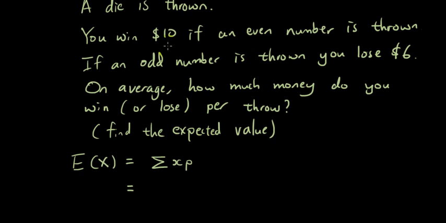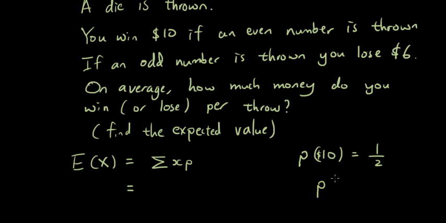So what that means is you win $10 if an even number is thrown. The probability of getting $10 is a half, because on a die, half the numbers are even: 2, 4, 6.